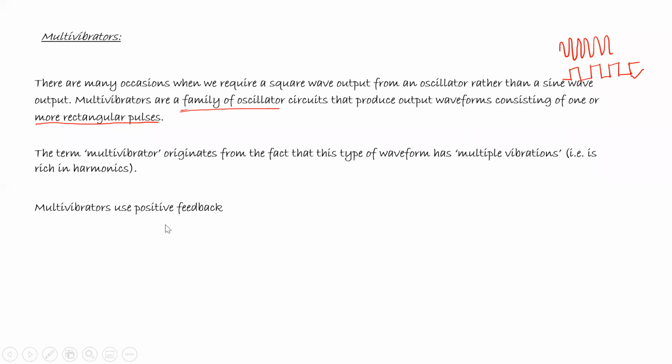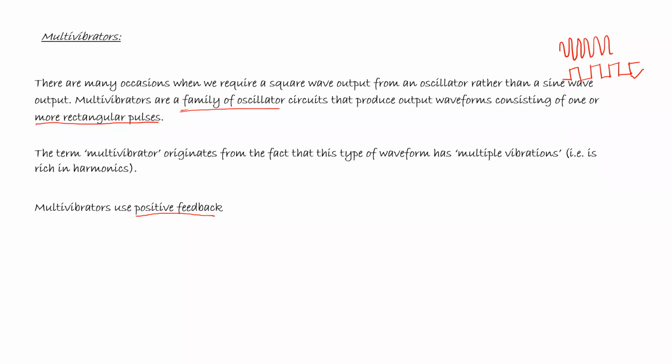And what type of feedback is needed for multivibrators? As it belongs to the family of oscillators, a positive feedback is required for multivibrators also. That's why this also should employ positive feedback.